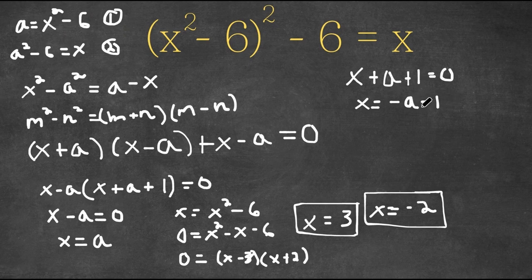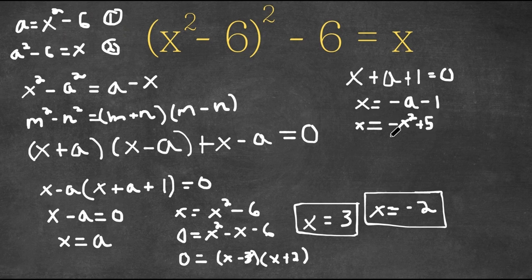And I'm actually going to plug in a. a is x² − 6, so this means x is equal to −1 times (x² − 6), which is −x² + 6 − 1, and 6 − 1 is 5. So we have −x² + 5.